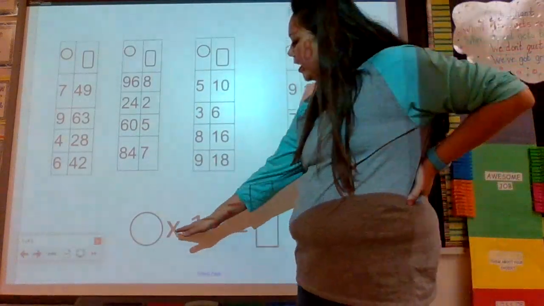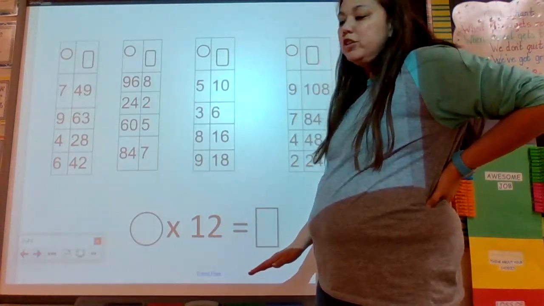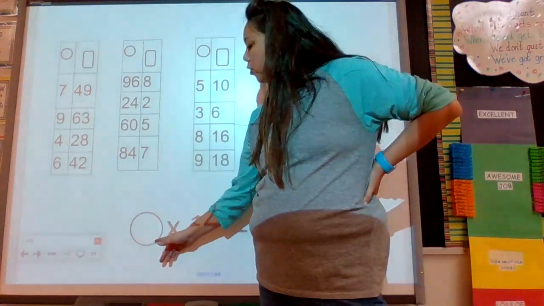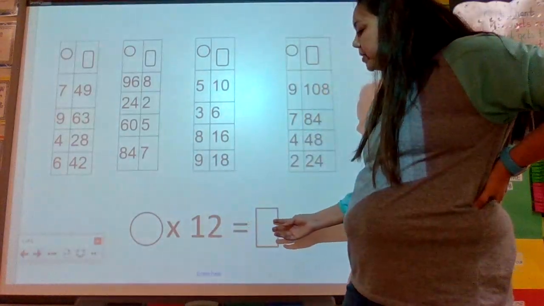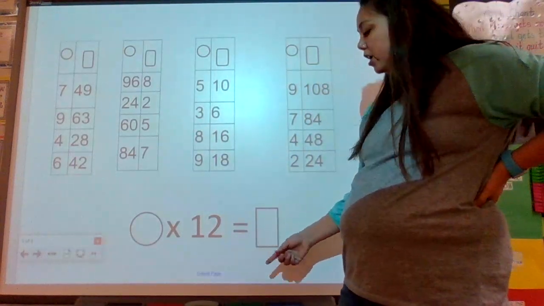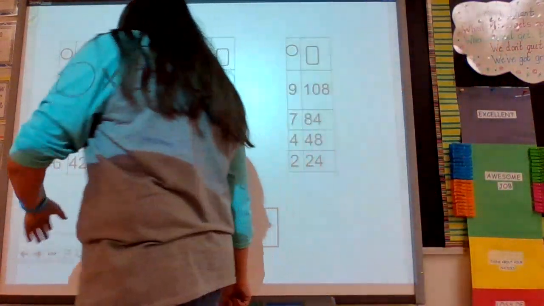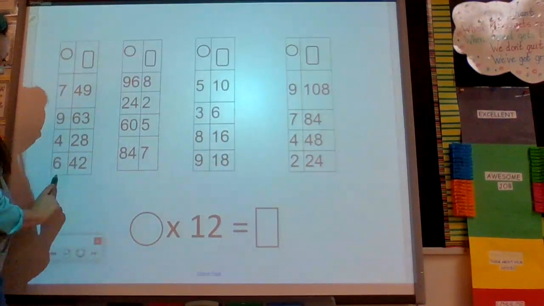So I know right away that we are multiplying by 12. So if I put something in the circle, whatever I do to the circle, when it comes out, it's going to get bigger. So this rectangle needs to be bigger. So that's going to help me. So I'm going from something small in my input, because the circle is the first one.